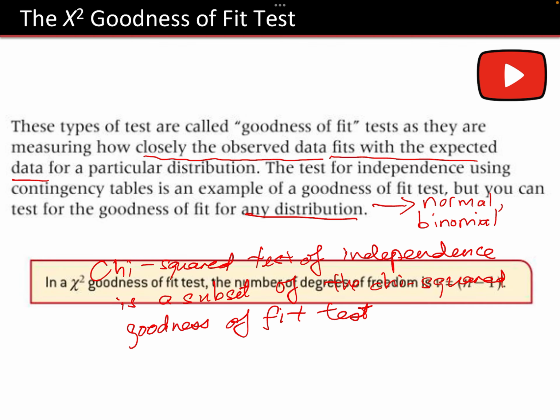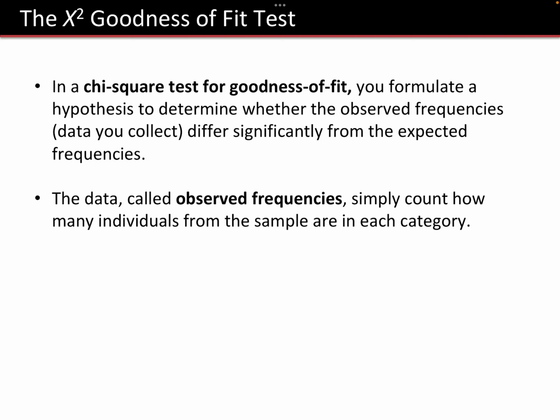Okay, we'll talk about the degrees of freedom shortly. Typically I would like you to take this down as well when you listen to this video: when we do a goodness of fit test, you basically make a hypothesis to determine whether the observed frequency, which is the data that you have collected, will be different from the expected frequency.